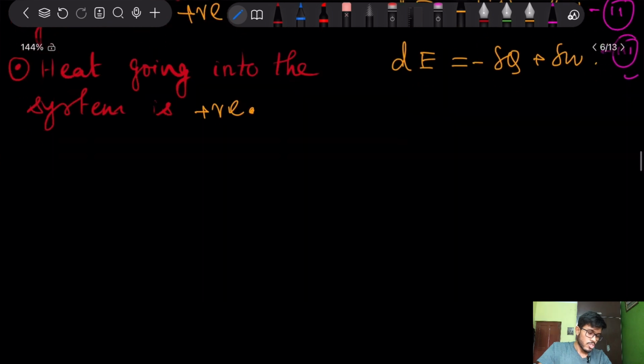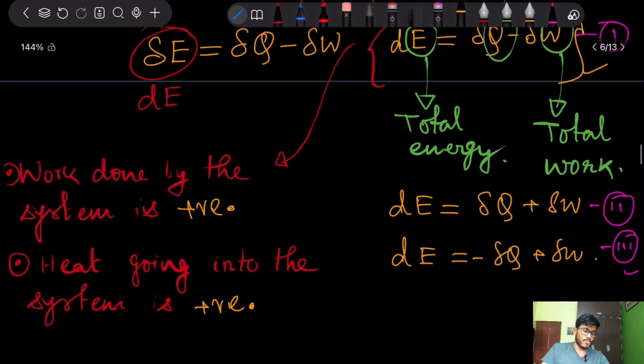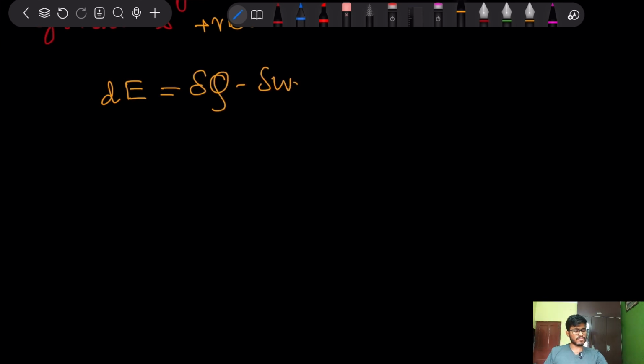Because as engineers we are acquainted with this form, equation 1, we will proceed through it, that is dE is equal to del Q minus del W. Now this E is what?